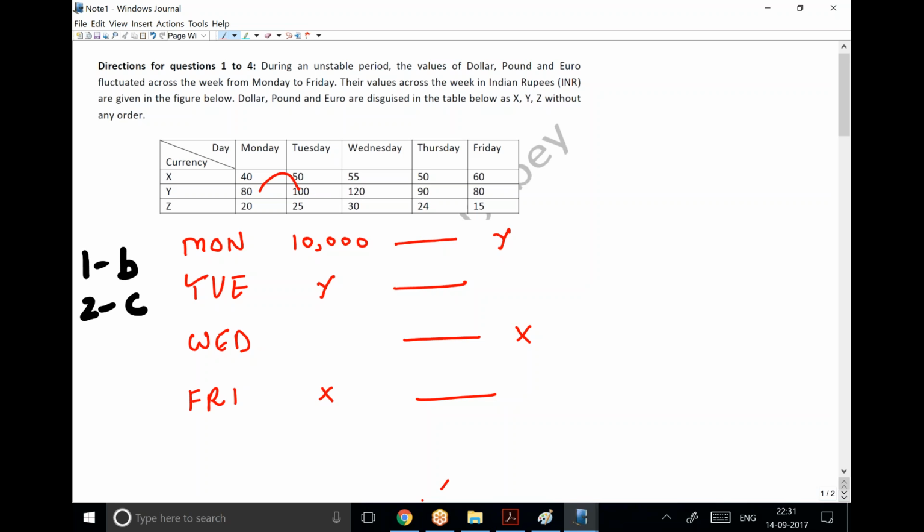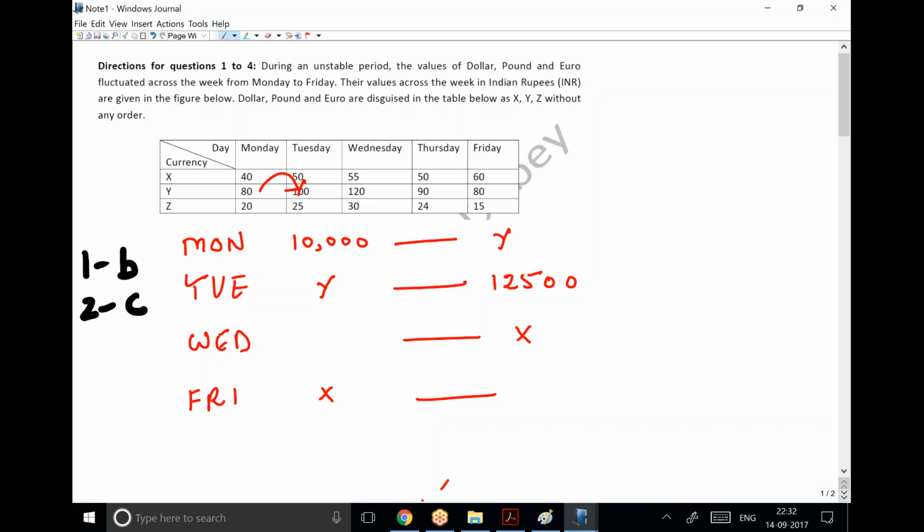This number will get increased by 25%, which means this 10,000 will also get increased by 25%.